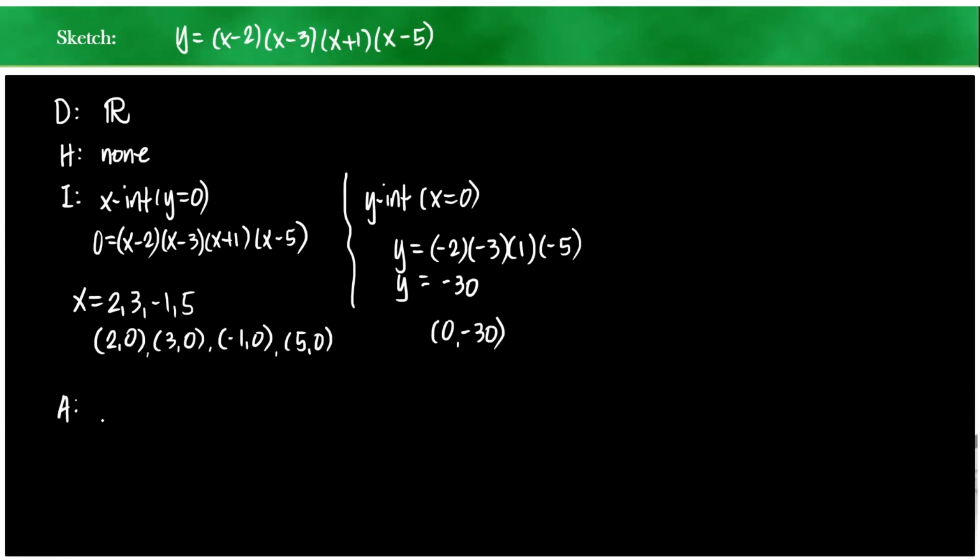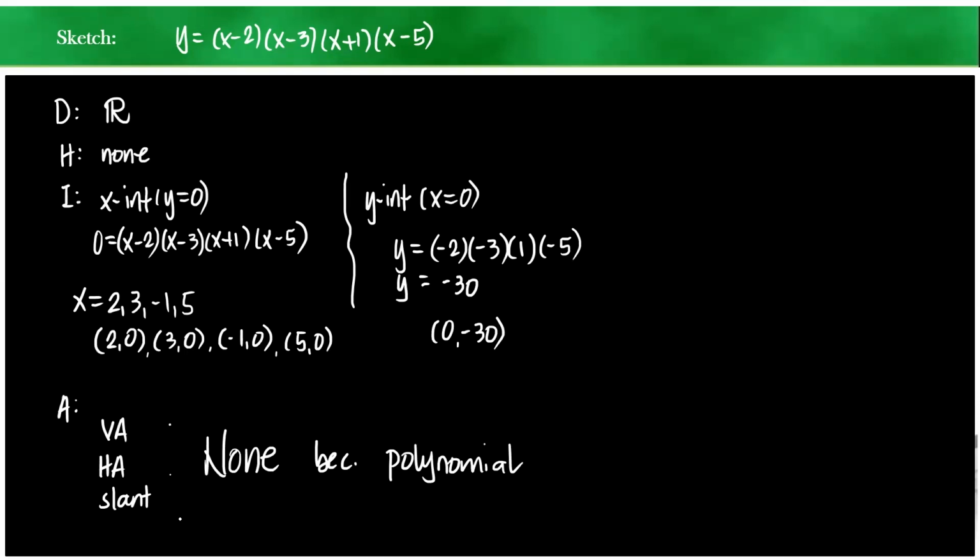Some of you will ask asymptotes, vertical, horizontal, and slant. There's none. Bakit? Because polynomial. Therefore, tapos na. Ano na? Regions na lang. Regions. Negative infinity.